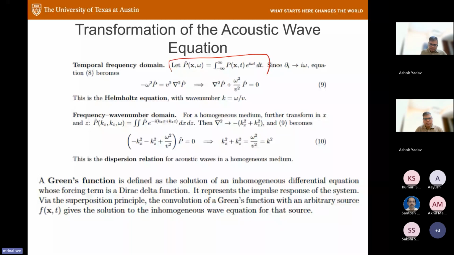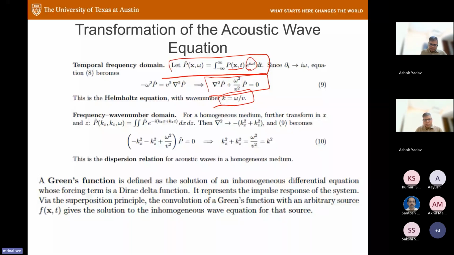This is our time domain pressure field, and this is the kernel of the transform. So you integrate over time, and that gives you the wave field in space and frequency. If you did that, then you get an equation that looks like this. There is no time here, which has been replaced by frequency. And this term, k equals omega over v, is called the wave number.